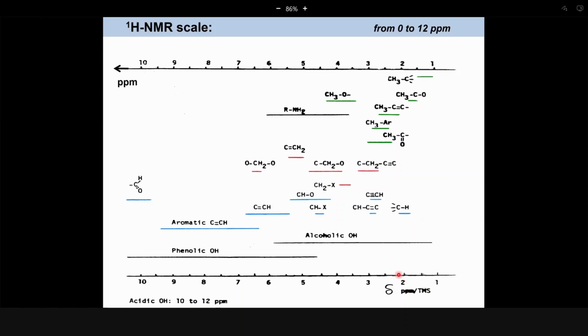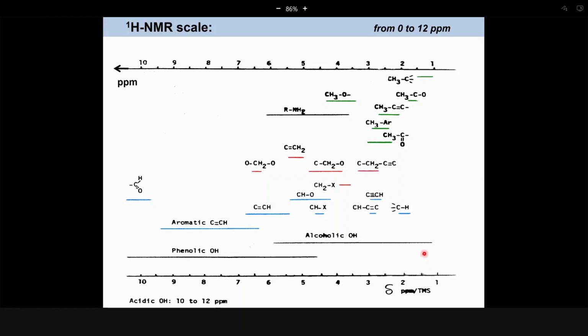So that's why we have to learn to use and work with this in order to interpret an NMR spectrum and get the chemical structure. As you can see here, we have a scale for proton. And for proton, the scale goes from 0 to around 12 ppm. You should keep this in mind. And we can make some slices.